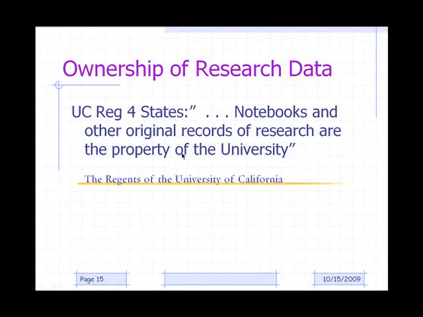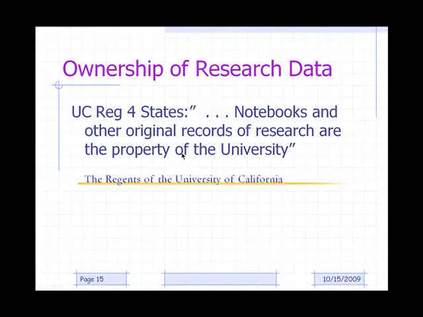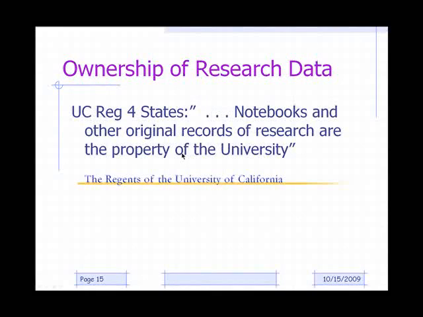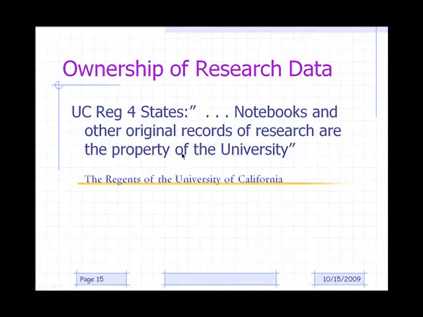And then there has to be permission to make copies and to remove copies. Say you finish up your doctoral training and you're taking some data with you as you go to a postdoc training to complete that one lingering manuscript for publication.